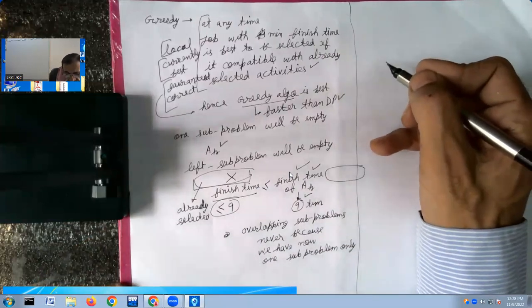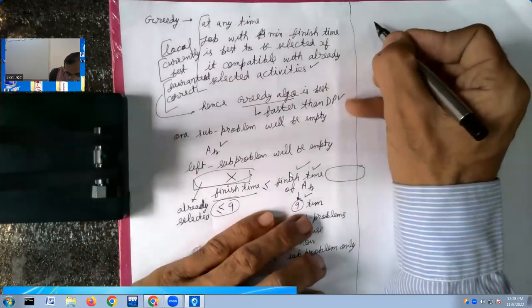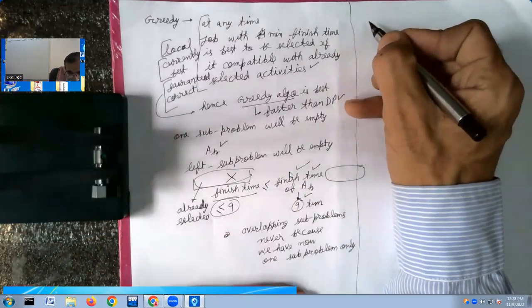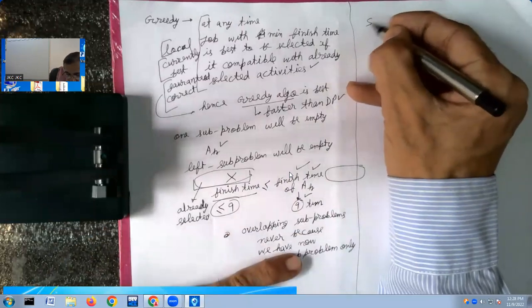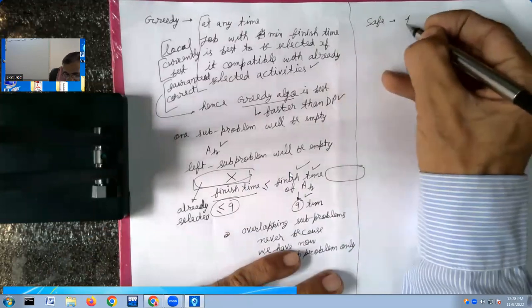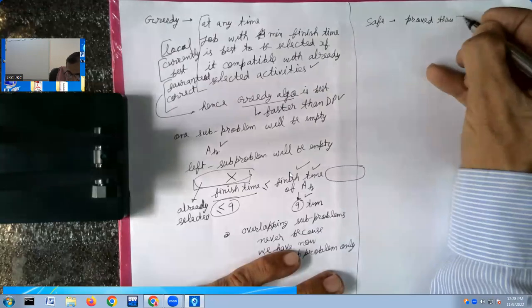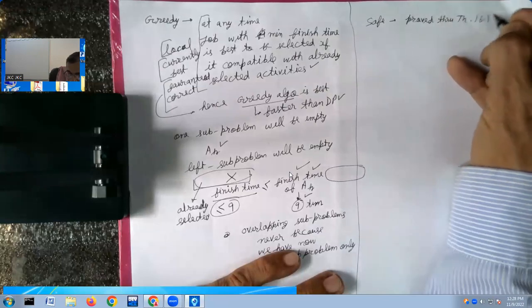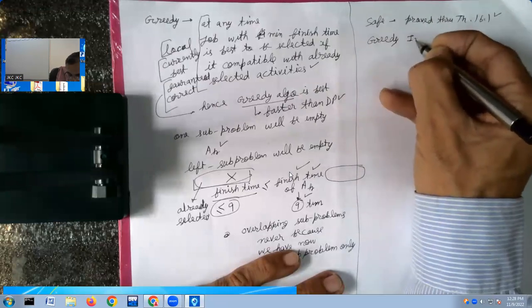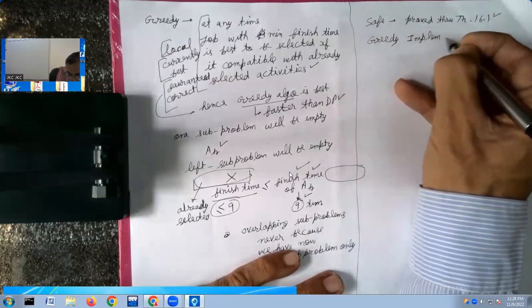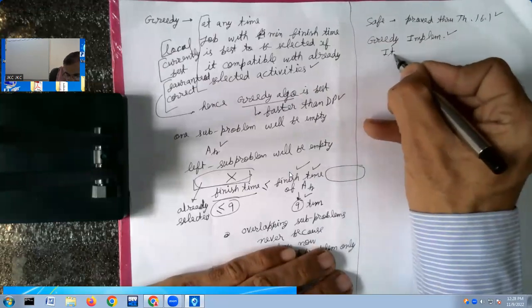So once having said that, my logic is simple. Now I say, okay, my greedy choice is known to me and I have proved this is the best choice. So I have proved the safe choice through theorem 16.1. And now greedy implementation is to be done. Obviously, iterative as well as corresponding recursive logics are both possible.